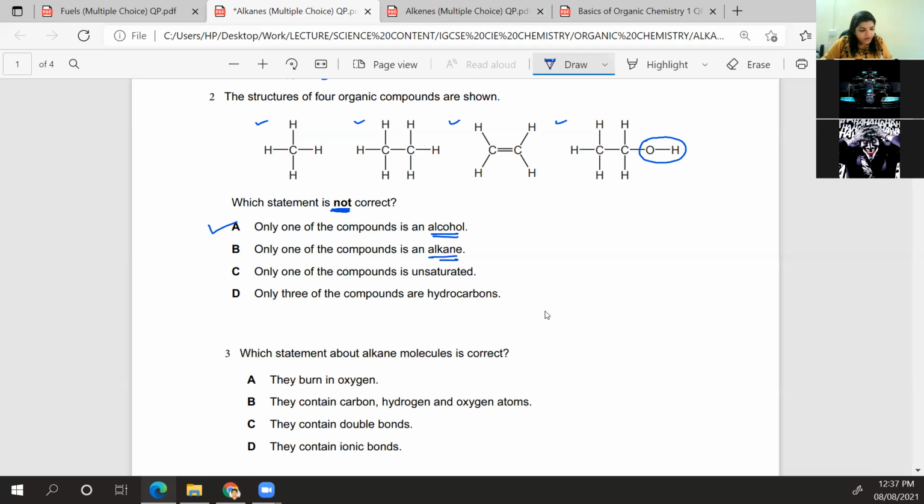Only one of the compounds is alkane. Alkane will have all carbon single bonds, and there will be no double bond. So are there 1 alkane or 2 alkanes out of 4? Is B a correct statement or incorrect statement?